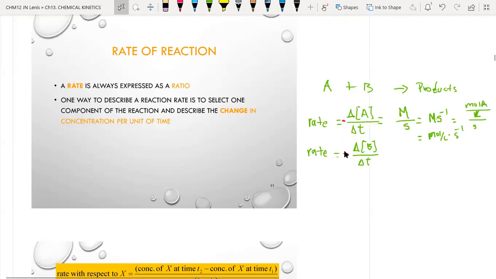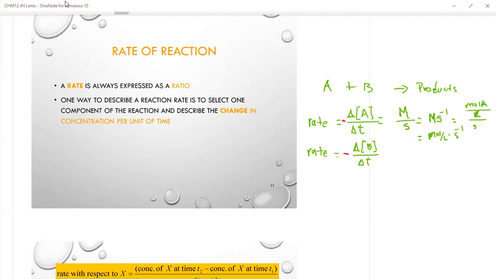Rates of reactants are negative. Notice that I'm not expressing rates in terms of products, because initially when the reaction is happening, there are no products. And you want to know exactly what is the change initially, the change of concentration of your reactives initially.